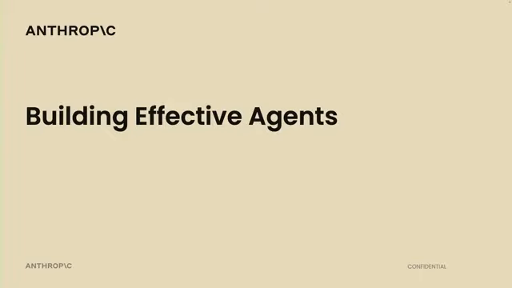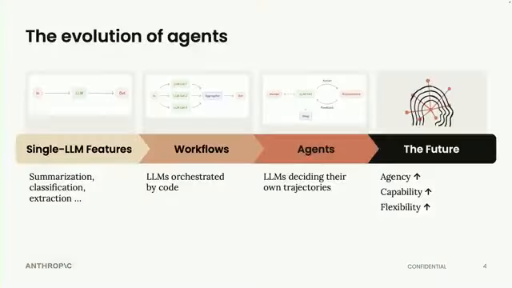So I'll get started with the overview on agents. I think this is something people have seen before, but it's taking some time to really sink in how AI features are evolving. When GPT-3 came out, it was really about single LLM features, right?